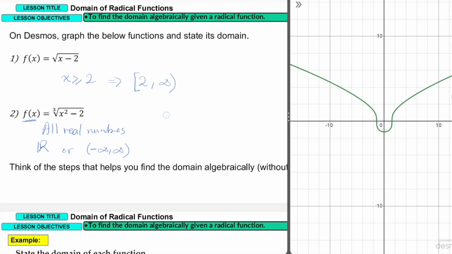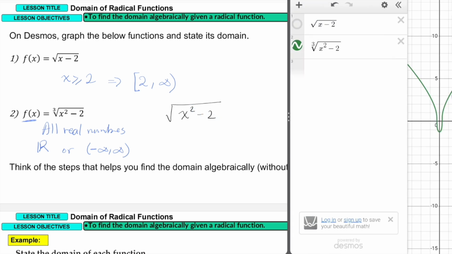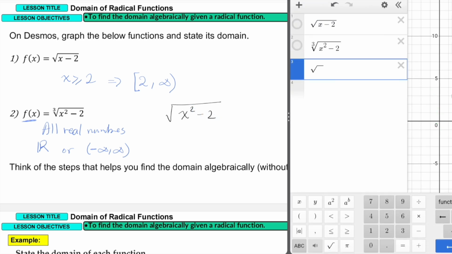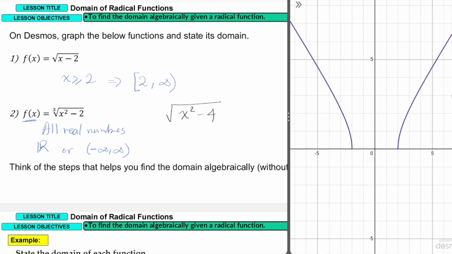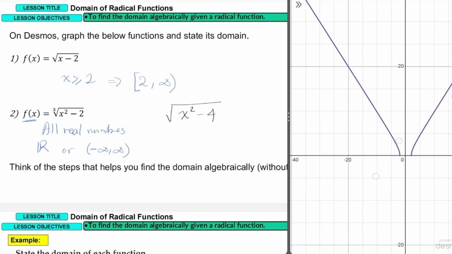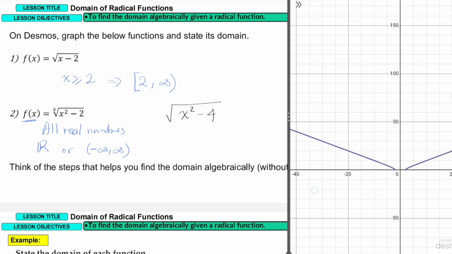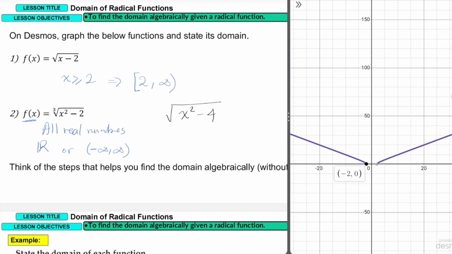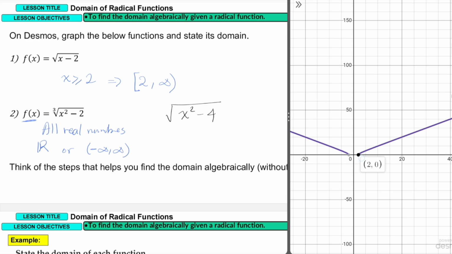I want you to try square root of x squared minus 2. So if we just come here and do square root of x squared, let's make it minus 4, for example. So minus 4, okay. And what you can see is two separate pieces. One piece goes all the way to the left to negative infinity, ending at negative 2, and the other piece starts from positive 2 going all the way to the right, to positive infinity.